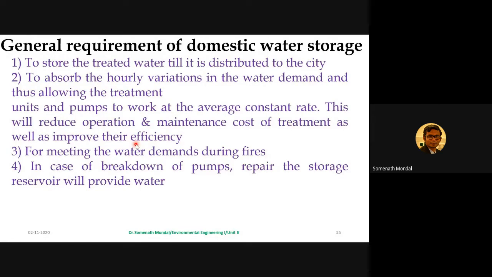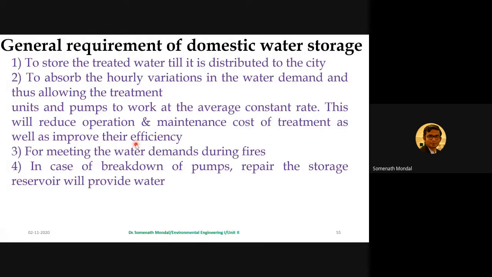Once the demand is higher, it doesn't affect much the rate of discharge through which water is coming and filling the storage. So that is why domestic water storages are provided.